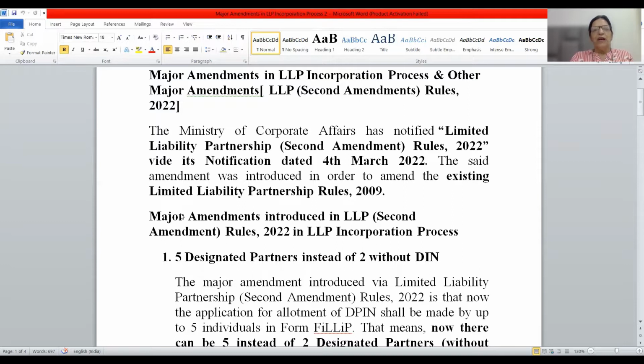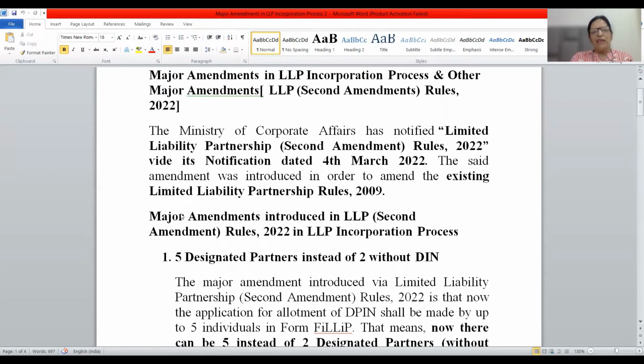The Ministry of Corporate Affairs (MCA) has notified the LLP Second Amendment Rules 2022 vide its notification dated 4th March 2022. The basic objective of this amendment was to amend the existing LLP Rules 2009.